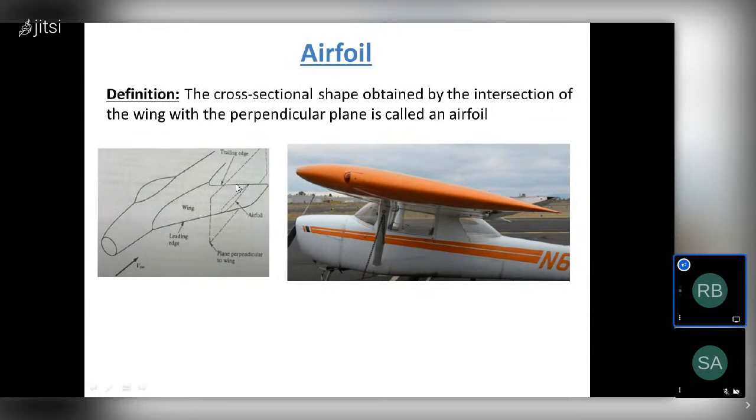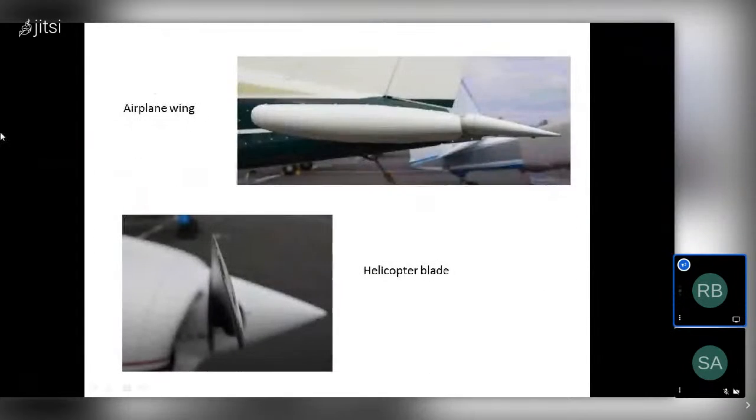If we cut, then we'll get the shape, and that shape is called the aerofoil shape. Here we have the aerofoil shape for a blade, which means if you take the cross section of this blade, then we are able to see the shape. It will be like an aerofoil shape, as in an aeroplane wing.